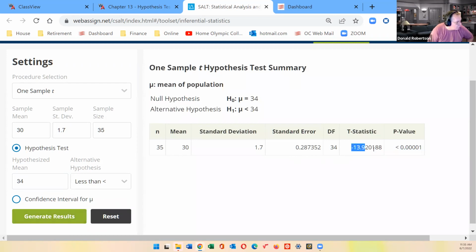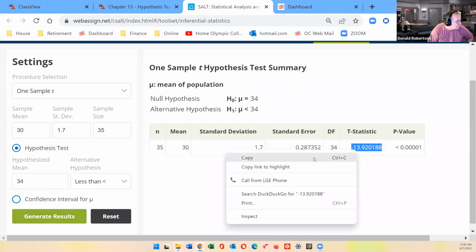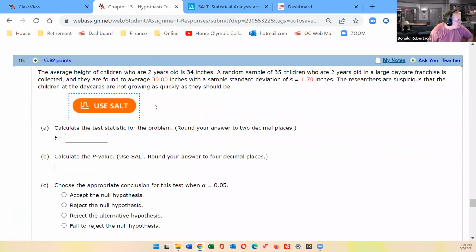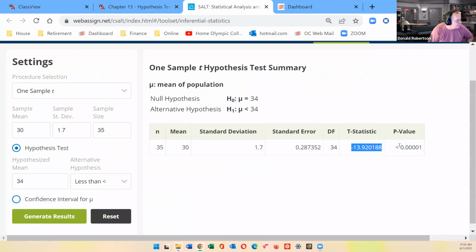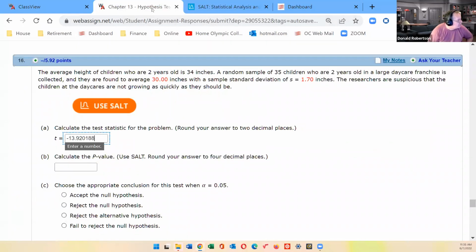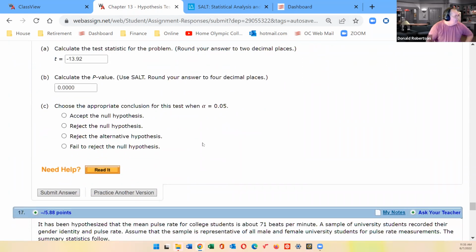And whoa, that is one very interesting T value. And the p-value right next door to it is tiny. To 4 decimal places, it's a lot of zeros, and to 2 decimal places, you get that. Now, what's your conclusion?